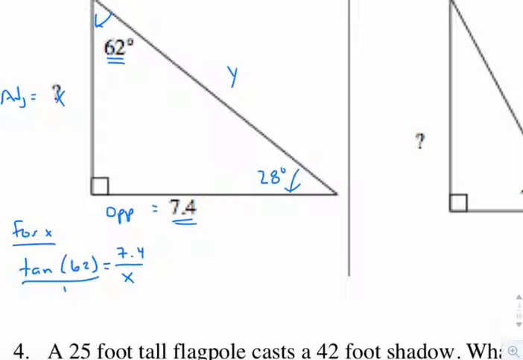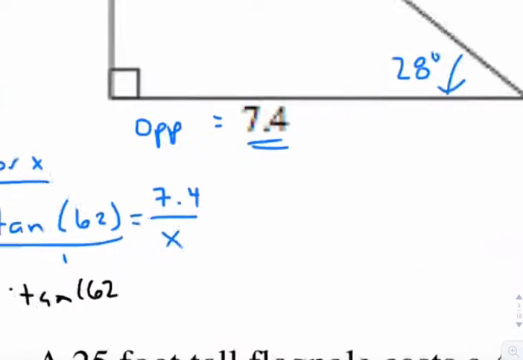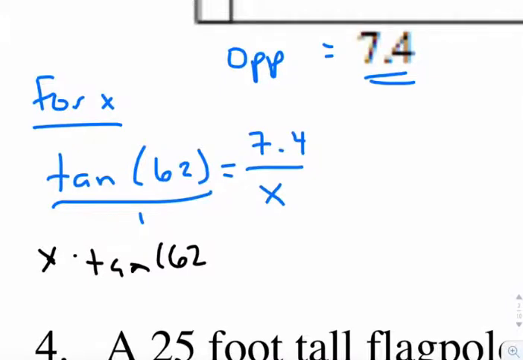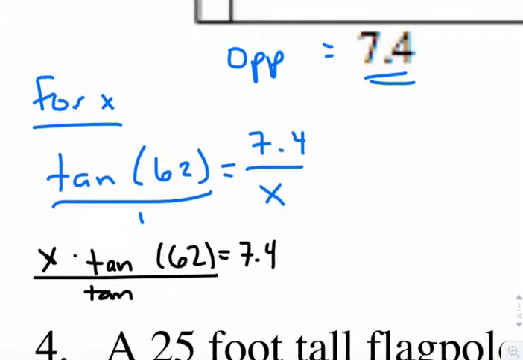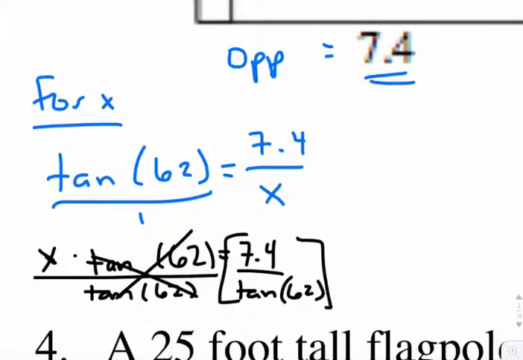If I cross multiply, I'll end up with x times tangent of 62 is equal to 7.4. Now just straight up algebraic solving for x tells us that we need to divide by the tangent of 62, which will cancel that here. And so if I want the value of x, I'd have to solve for this guy.